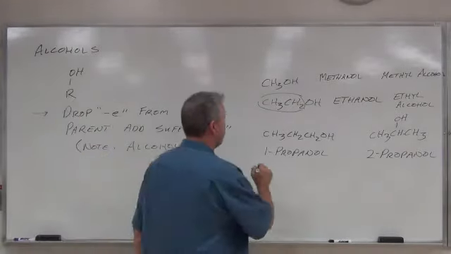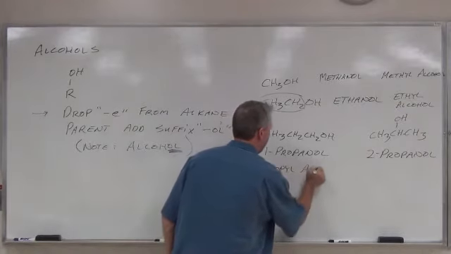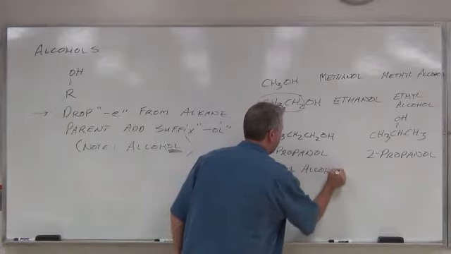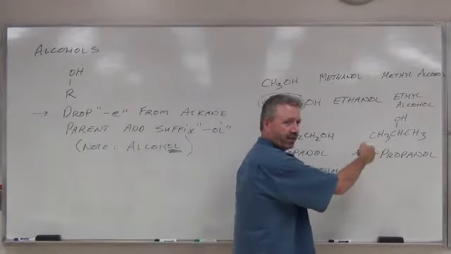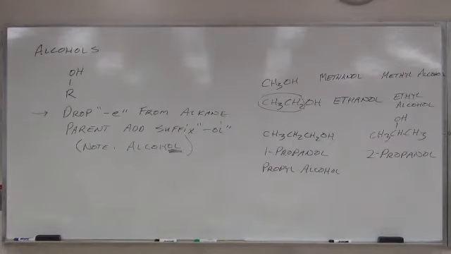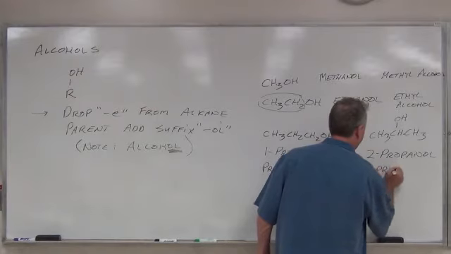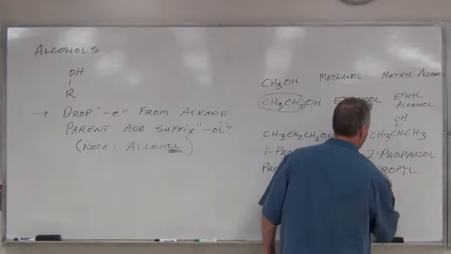You could call this one propyl alcohol. And this one is our old friend, what do we call a 3 carbon chain that has bonding at the center carbon? Iso. Very good. This could be isopropyl alcohol.